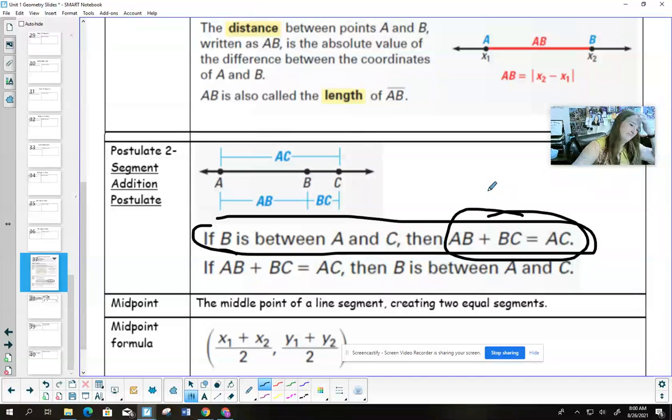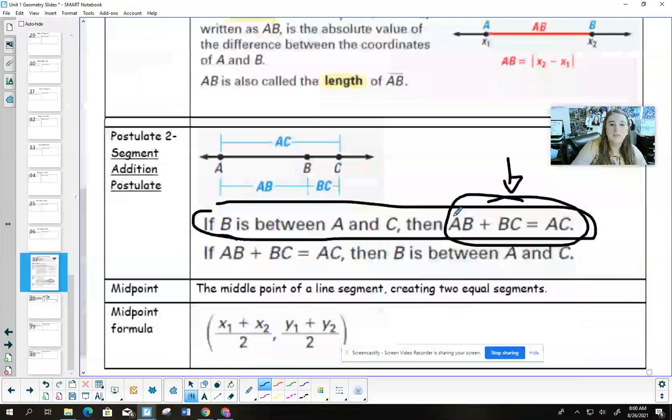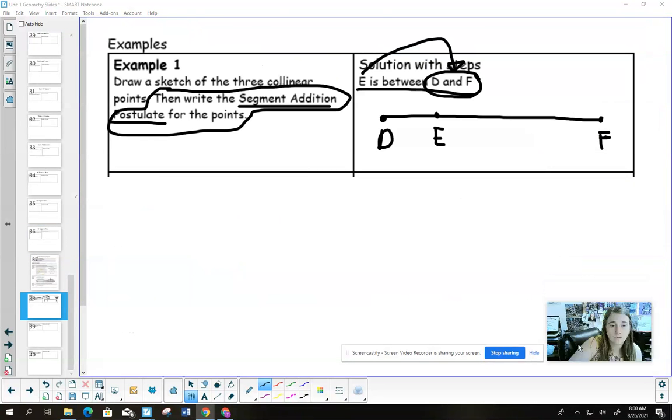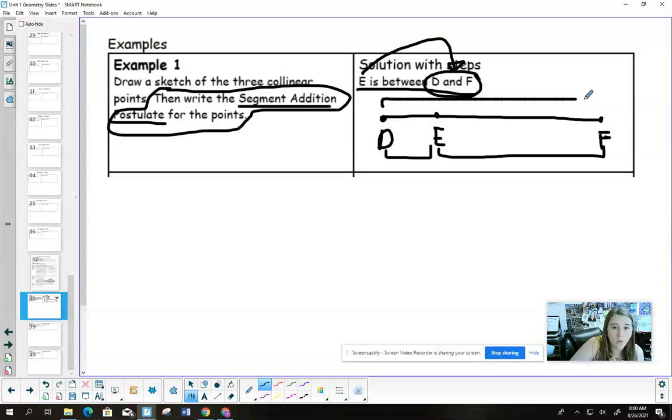Okay. So again, the segment addition postulate tells us how the segments add together to equal the whole. It's the piece plus the piece equals the whole. Here I have this piece, this piece, and the whole.